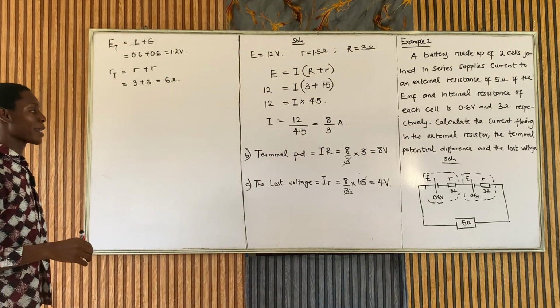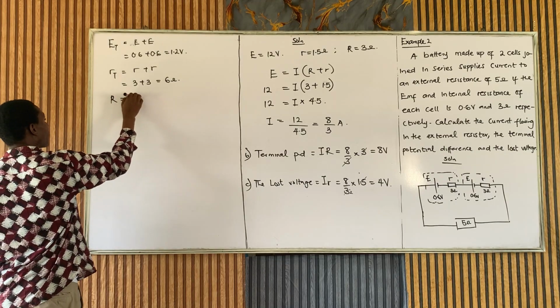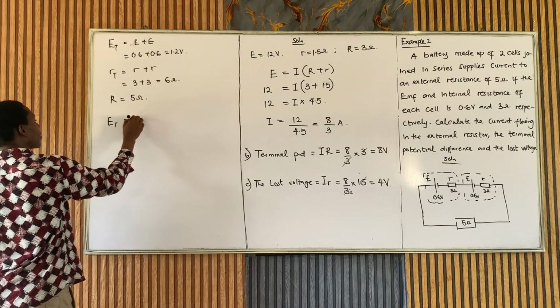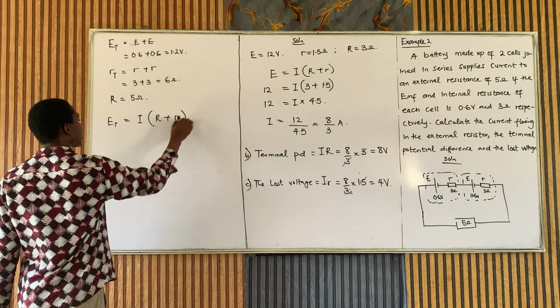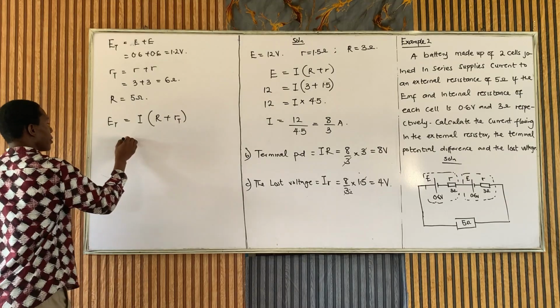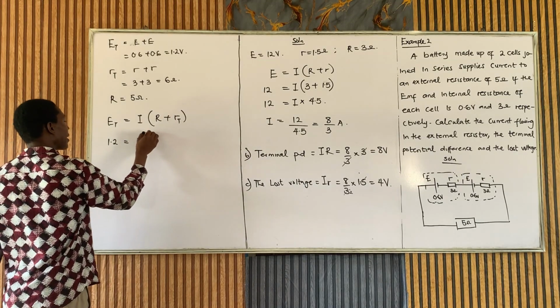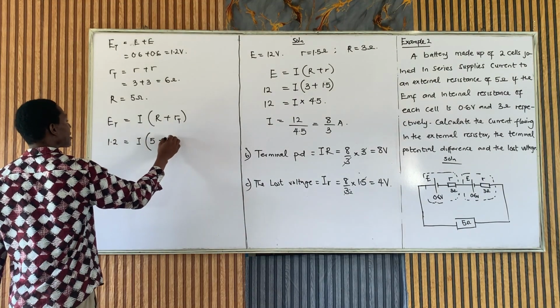And now we're going to use our equation. We are given our capital R to be 5 ohm. So we're going to use our equation, which says total EMF is equal to I into bracket R plus r total, since it's more than 1 cell. So this one is 1.2 is equal to I into bracket 5 plus the total internal resistance, 6.